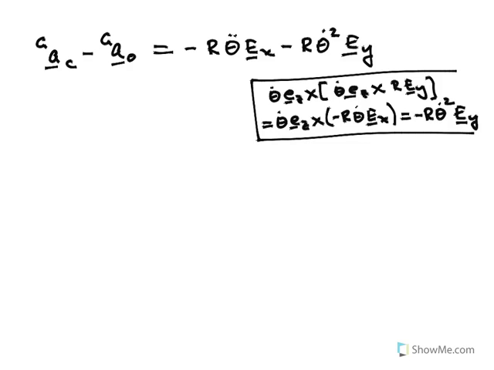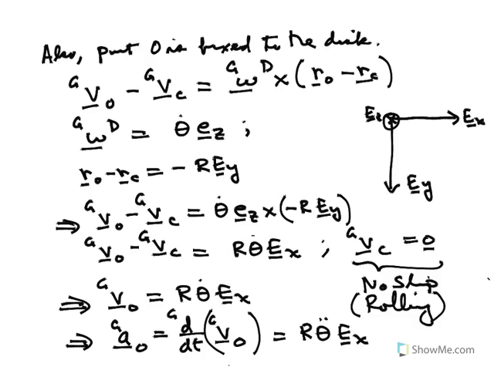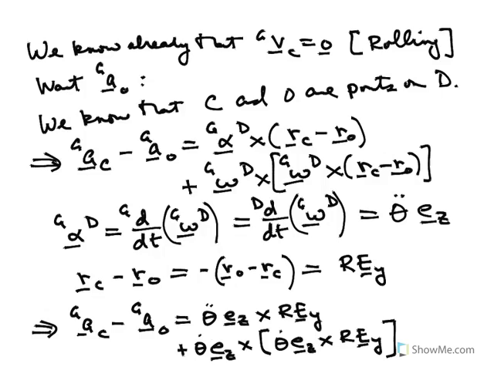Now, from here, we actually can use this last result, and we get the acceleration of C in G minus the acceleration of O in G is equal to minus R theta double dot EX and then minus R theta dot squared times EY. But the acceleration of O, I already got it. It's R theta double dot EX.